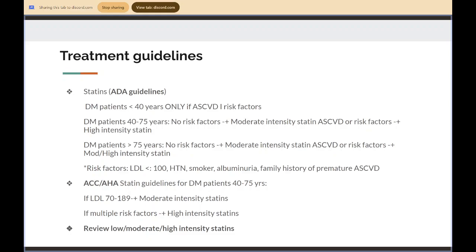At the bottom, I wrote review low, moderate, and high intensity statins. This is also very high yield. Sometimes you'll get a question that asks you to switch, or is the patient on the appropriate intensity statin? And just a reminder, ASCVD stands for arteriosclerotic cardiovascular disease.